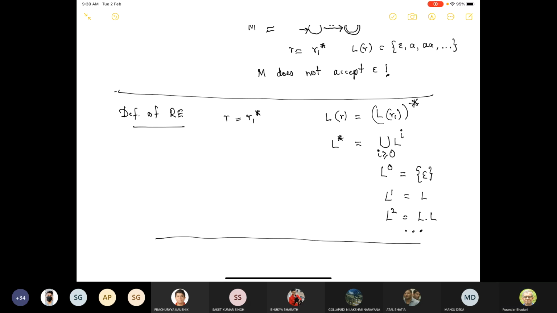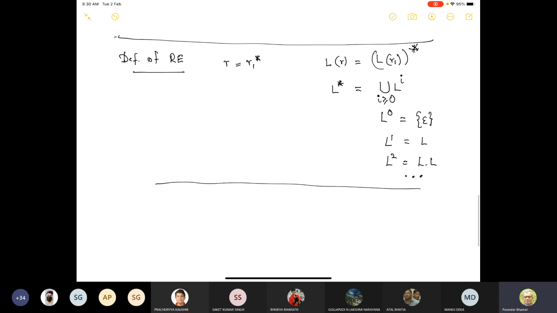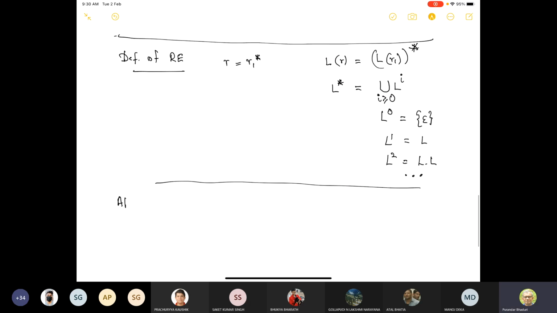Okay. Now it turns out that for the same regular language, there may be many different regular expressions, right? All those different regular expressions denote the same language. In that case, they are called equivalent.